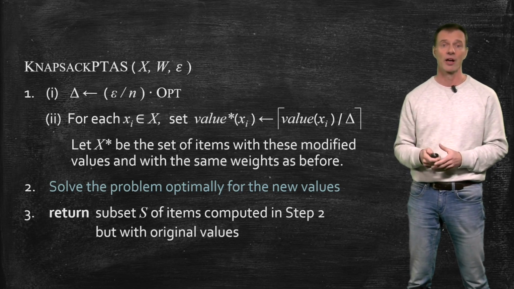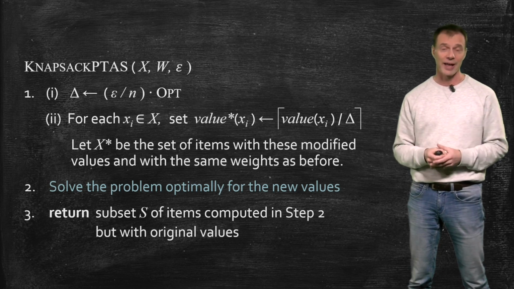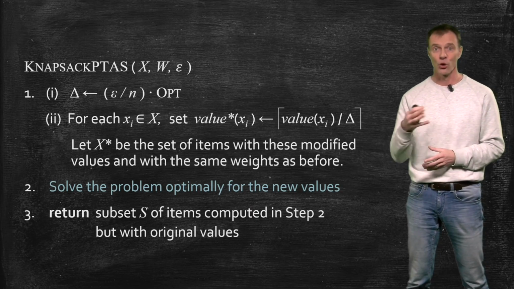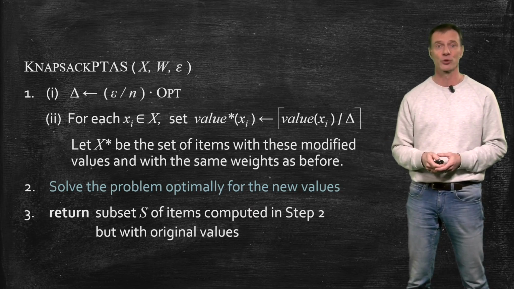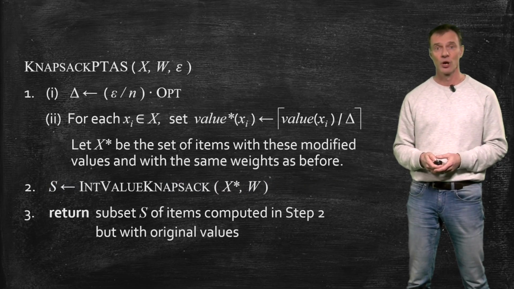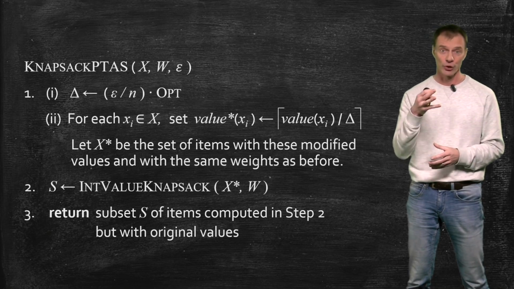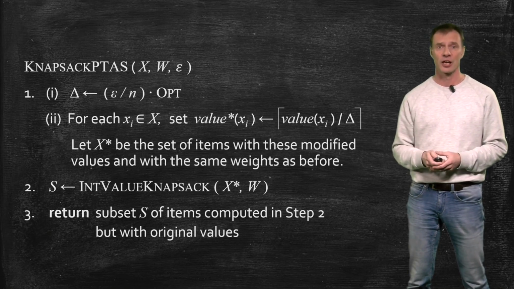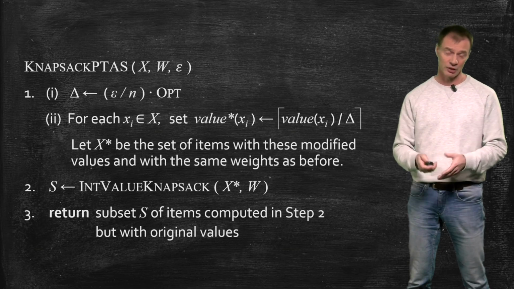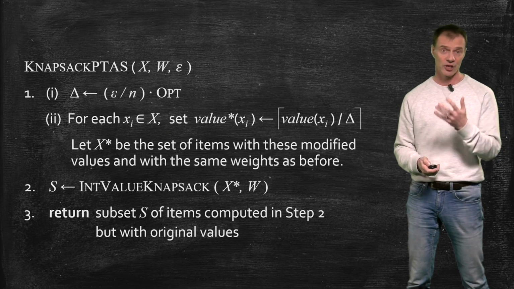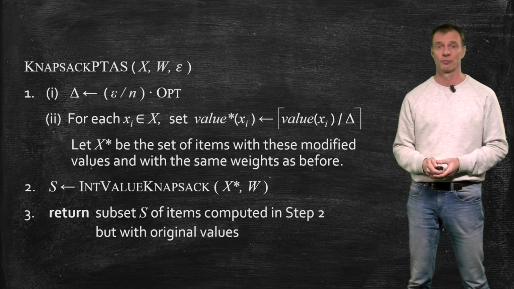Now I have a set of integer values, and let's denote by x star the new set of items, or actually the old items but with the new values, the value stars. Then in step 2, I use my exact algorithm, my optimal algorithm for integer values, on this set x star. That gives me a subset, and I simply report that subset as my final solution. So this is the plan.